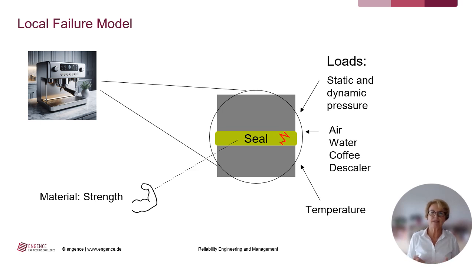We call this limit the fracture strength. A crack occurs only if the strength of the plastic is exceeded. In the case of the seal, this could be a fatigue crack due to the cyclic pressure change. This could happen in conjunction with degradation of the material under the influence of media and temperature.